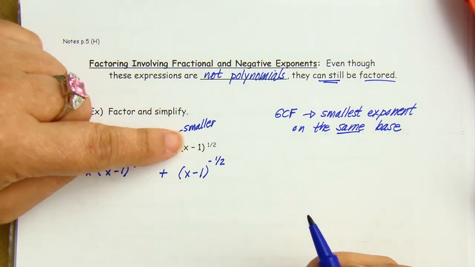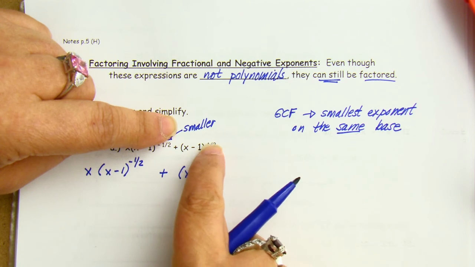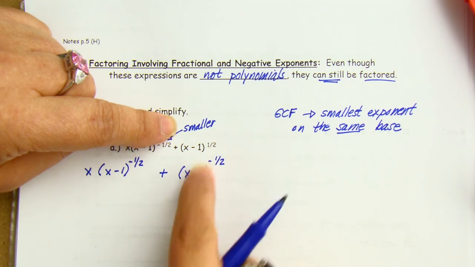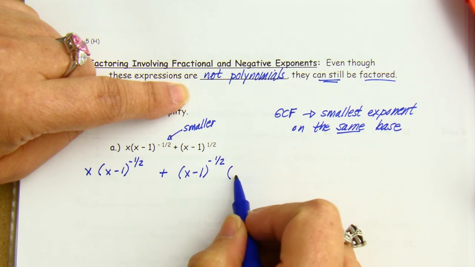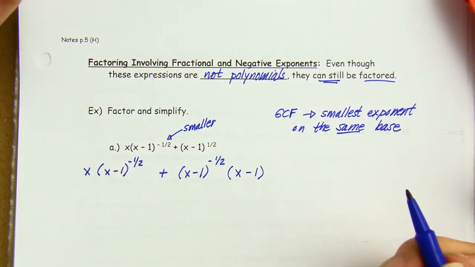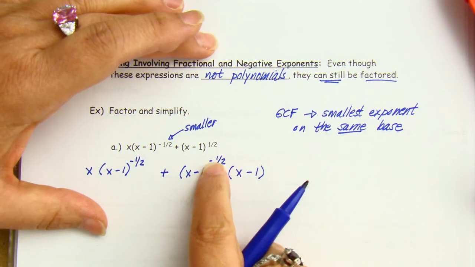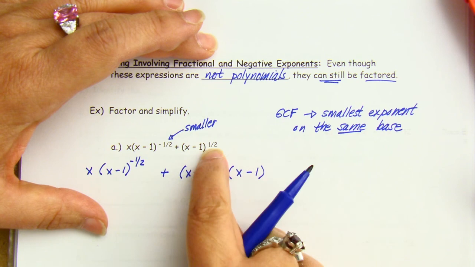Over here, though, this has changed from x minus 1 to the positive 1/2 power to x minus 1 to the negative 1/2 power. You need to multiply by the same base. And you could either think of it this way: what do I add to negative 1/2 to make it a positive 1/2?